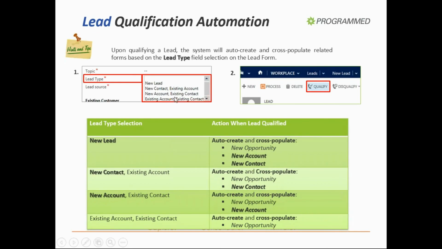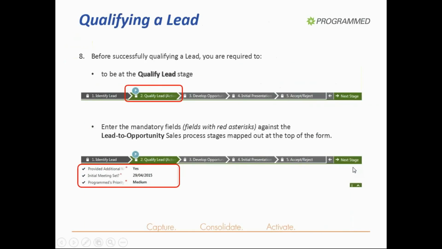So it does have a lot of benefit in ensuring that you are selecting the right lead type. Previously, users would have to create all 4 records separately, whereas now you capture it all in the one lead and it will automatically create the respective records for you.